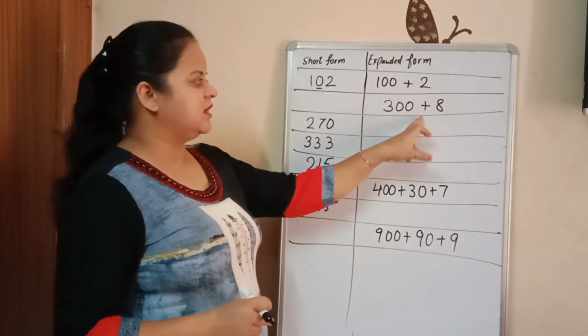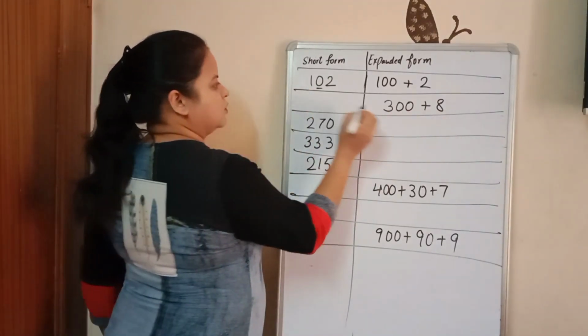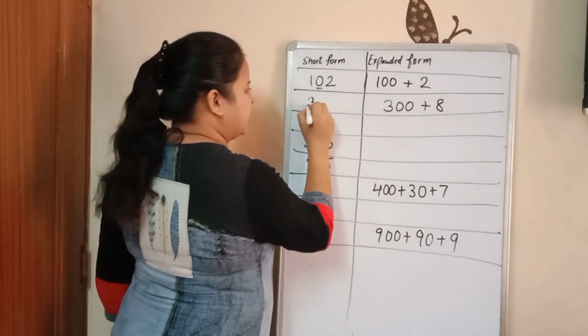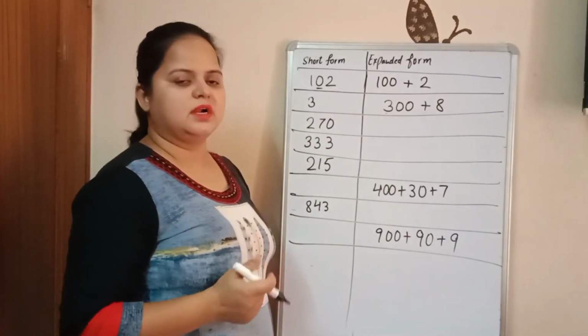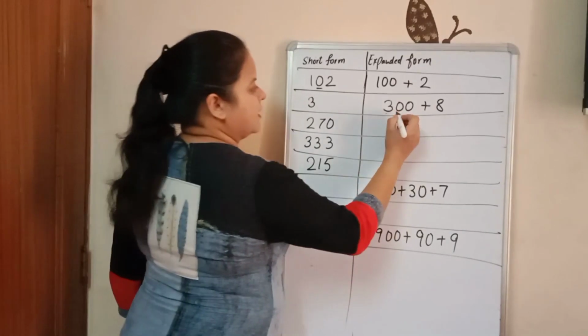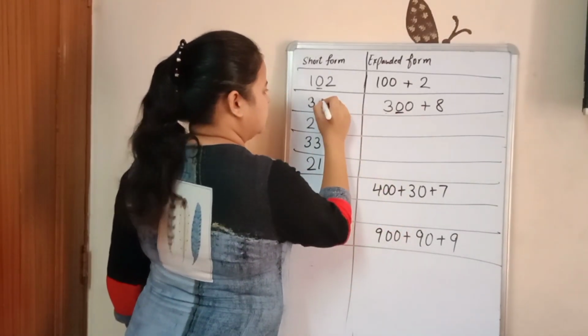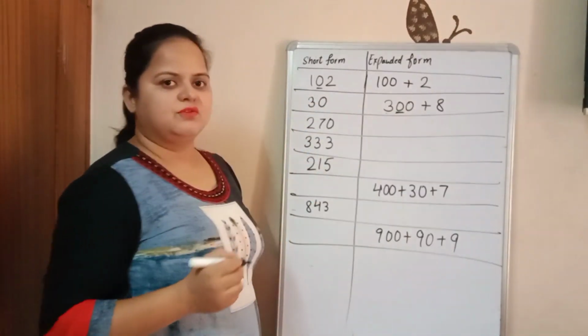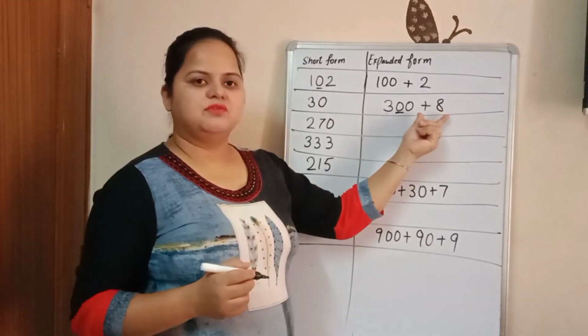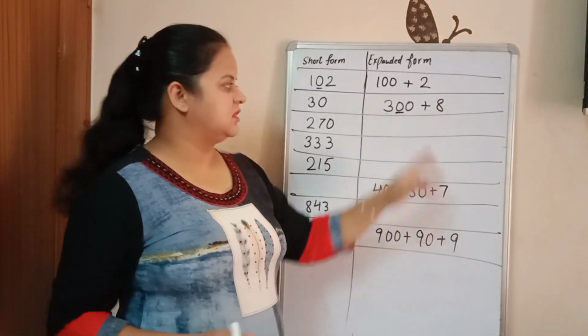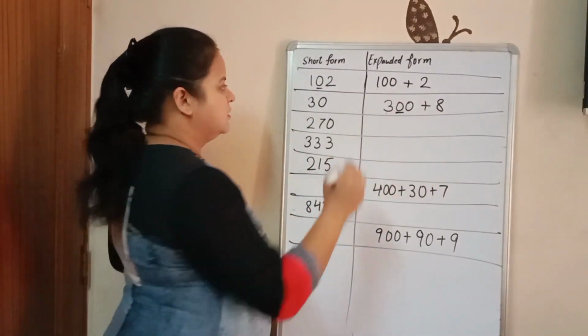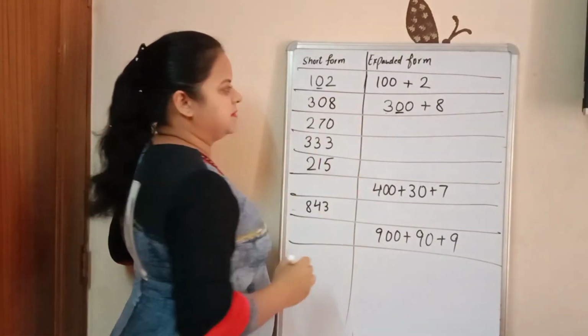The next is 300 plus 8. So for 300, we will write 3 on hundreds place. Here we have nothing for tens. 8 is only ones, so we will write it on ones place.